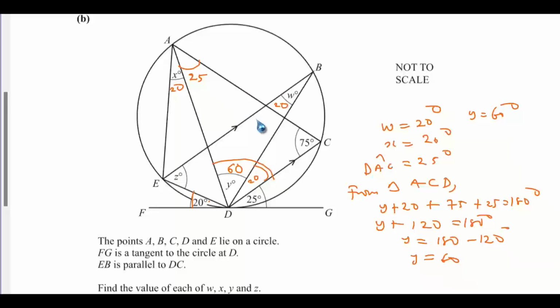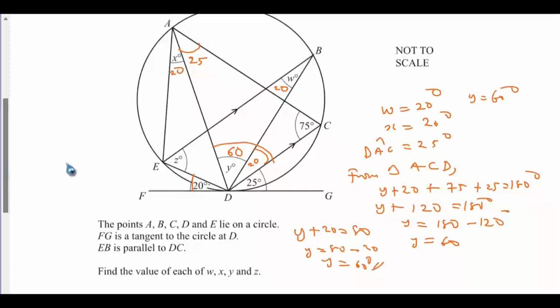They add up to 100, right? So that means angle Y plus 20, that is this angle here, should add up to 80. So you can easily say Y add 20 is equal to 80, then Y will be equal to 80 subtract 20, so Y will be equal to 60 degrees. So alternatively, you can get the value of Y from there.